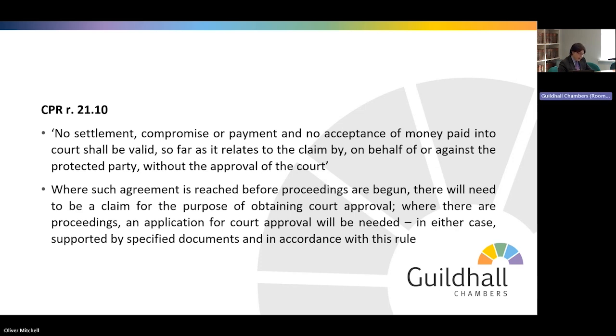And that was even where, at the time that the settlement was reached and the consent order made, none of the parties or their advisors were aware that one of the parties to that settlement was in fact a protected party who lacked capacity to conduct the proceedings. And because the approval of the court hadn't been obtained, and in fact because a litigation friend hadn't been appointed, that invalidated the settlement, and the consent order was set aside. So it's very serious consequences.